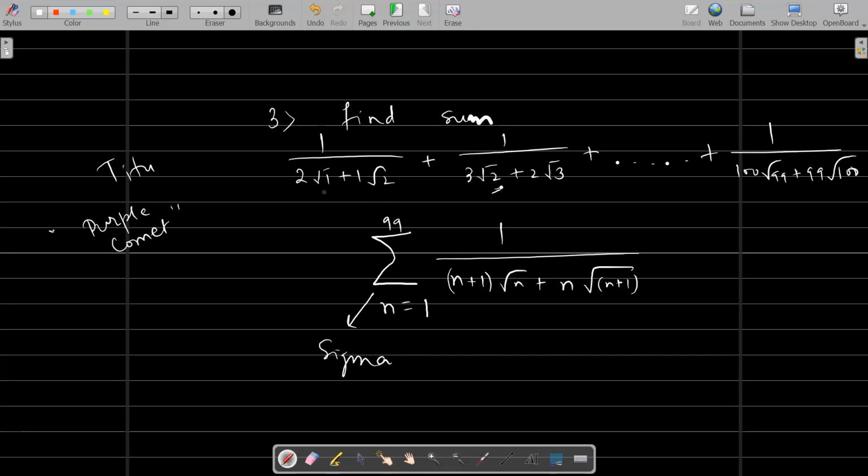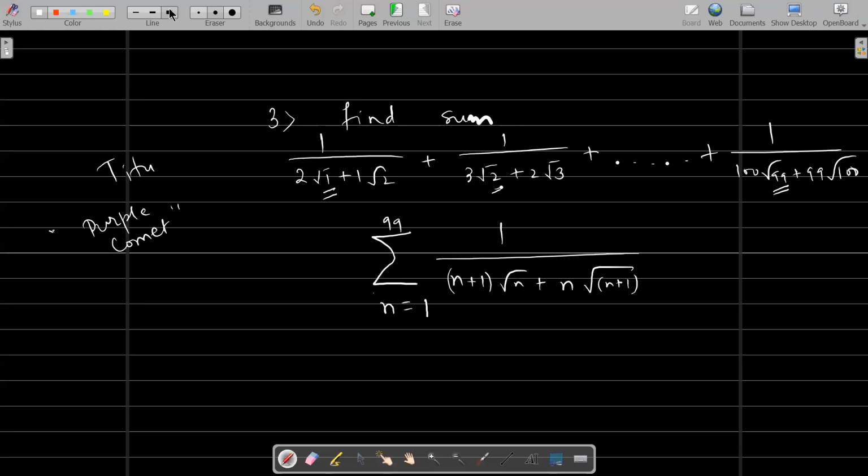The first term is for n equal to 1 and the last corresponds to n equal to 99. Is the notation clear? That's called sigma notation, summation notation.